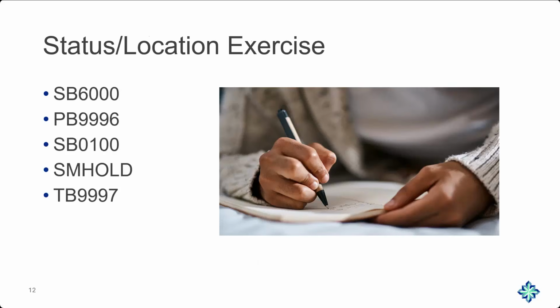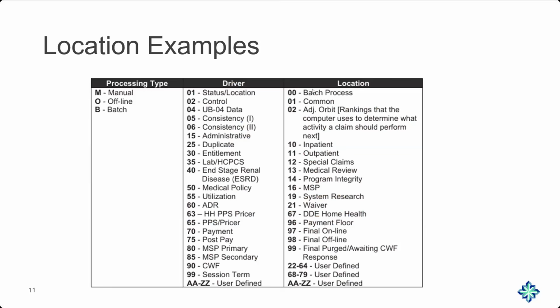The next one is SMHOLD. Once again, we have the S, that means suspense. We've established that. The M, this is the first time we're seeing this one, means manual. And then HOLD, those, as you can see here, are user defined.